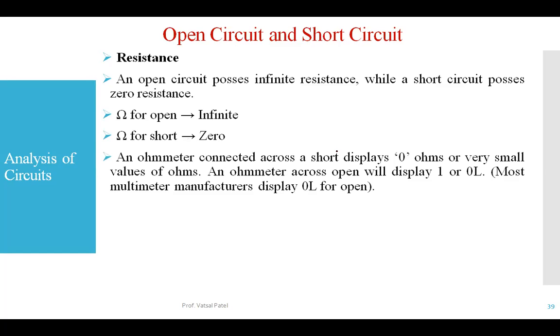And in our first part, the difference part, if you have an ohmmeter, that means a resistance measurement device, and you connect it across a short circuit, it will display zero. If you connect it across the open circuit terminal, it will be identified as infinite, right?